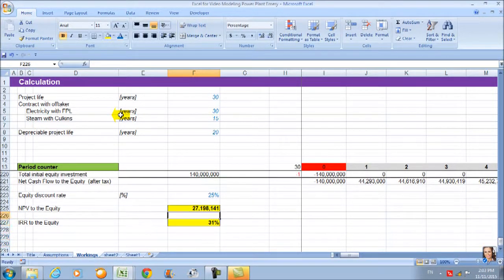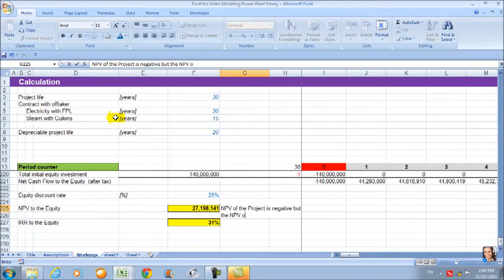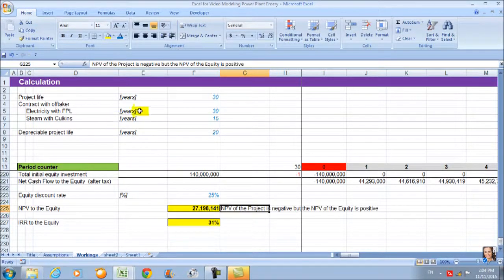So the situation we have here is NPV of the project is negative, but the NPV to the equity is positive. So this is raising a red flag. Okay, I'm going to check that in another video.